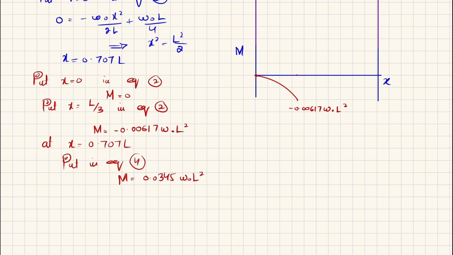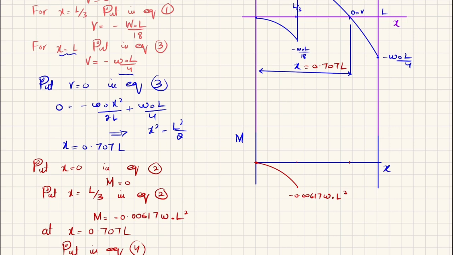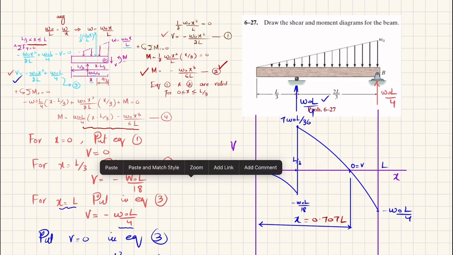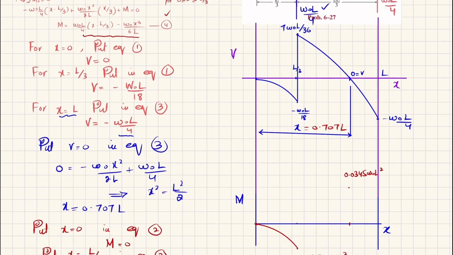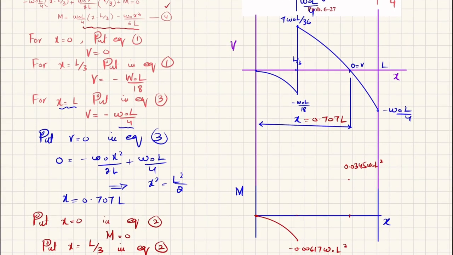So plot it; this is the length where we have maximum bending moment, 0.0345 W naught L square. And this equation is third degree, and this is a positive value. Since shear force is in downward direction, the bending moment will be one degree higher, a third degree equation, and the curve will be in clockwise direction.